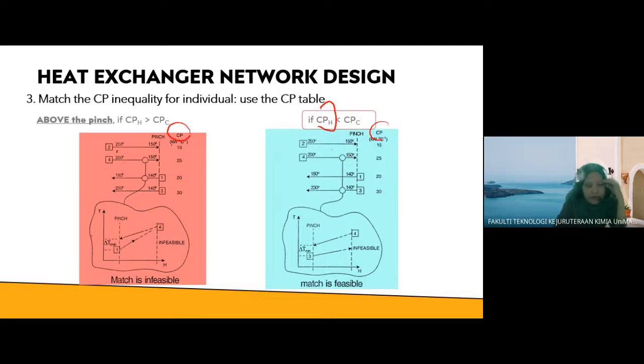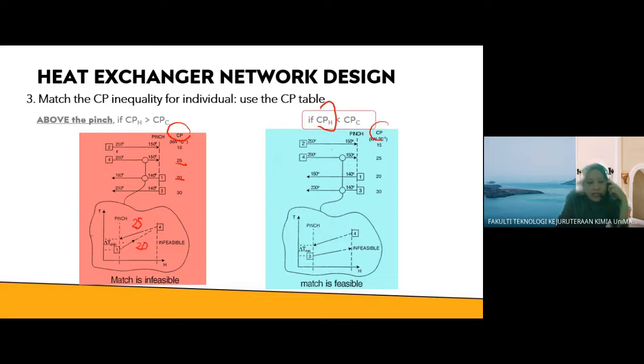For example, if your CPH value is greater than CPC, the CP of your cold stream, so you have this pairing between hot and cold stream, and this is the TH diagram to indicate the CP value. So this is CP equal to 25, and then this is CP equal to 20.